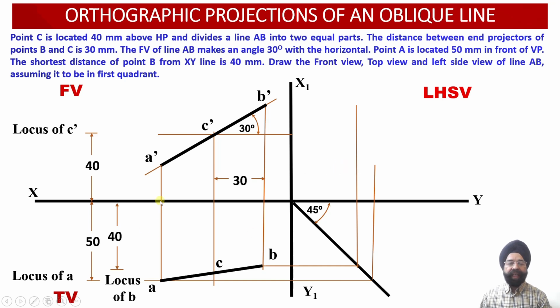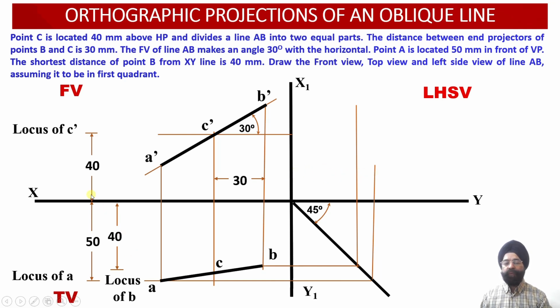Similarly, end A was lying at a distance of 50 millimeter in front of the vertical plane. Now we are going to draw a horizontal projection line through the point A till it intersects with the transfer line, and from this point once we draw a vertical projector upwards, the distance of this vertical projector will be equal to 50 millimeter.